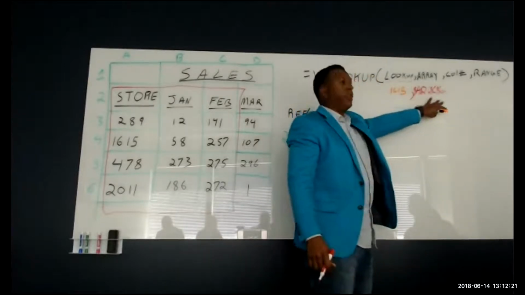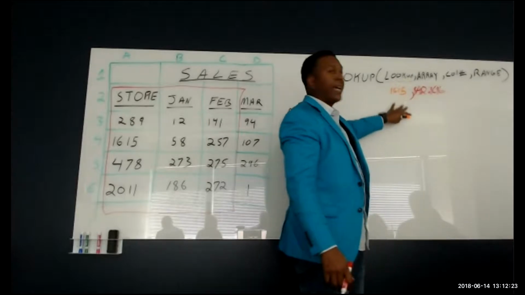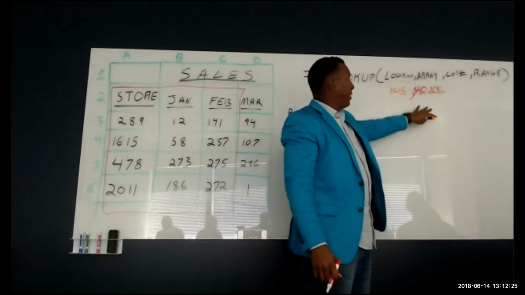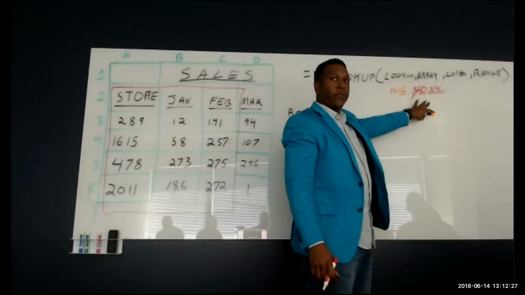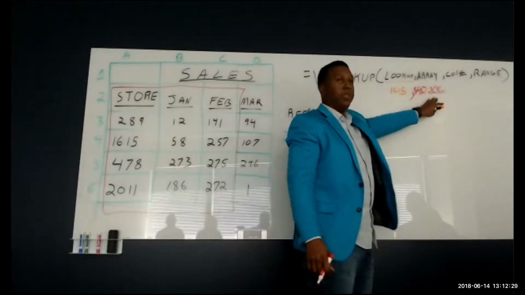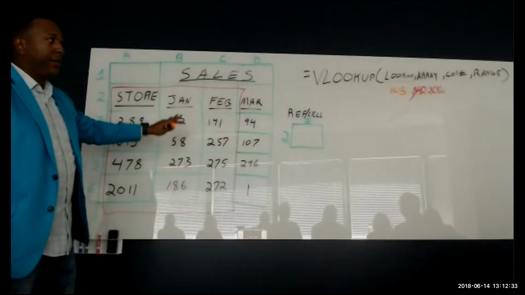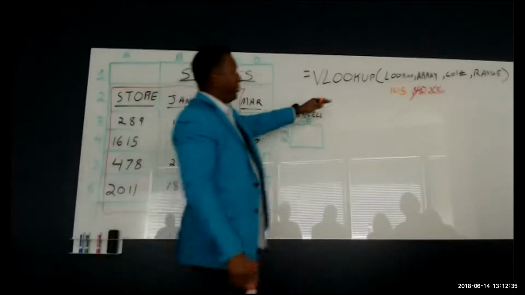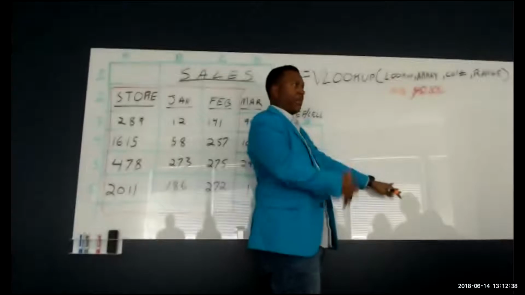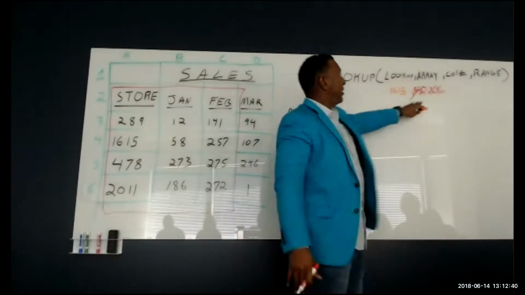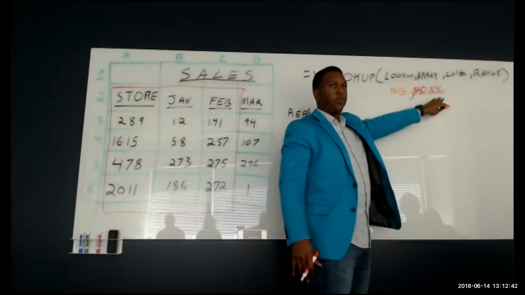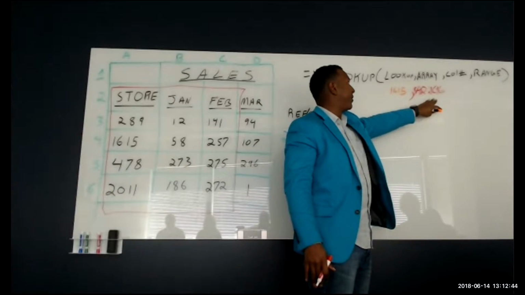This locks down the array so that if you ever drag this formula anywhere, it will always look for the information you're asking for within this big red box, okay? If you don't lock it down and you start dragging this formula to look up other items, this is going to move along with it. So make sure you put those $ signs in front of it.